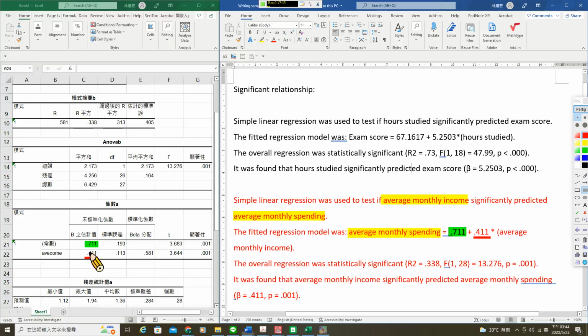So this one, 0.411 times average income. So basically this is 0.711 plus 0.411 times average monthly income. So this reports the establishment of the formula, which means, let me give you an example.